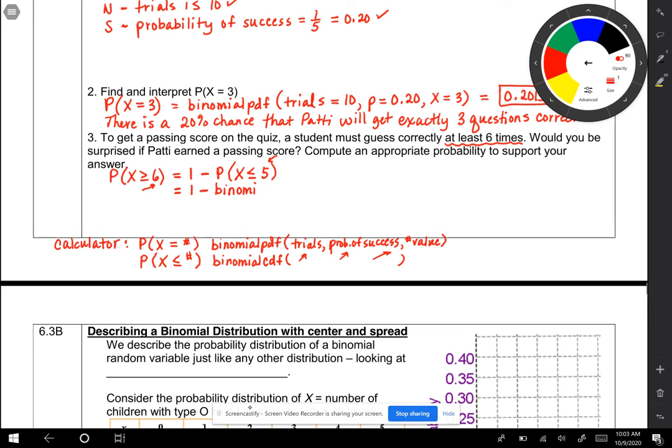And so it's 1 minus binomial CDF. And since it's not exact, you're using the cumulative. Trials is 10. Probability is 0.2. X equals 5.